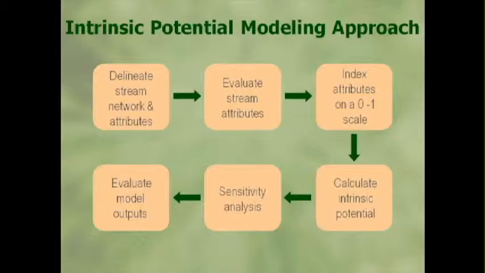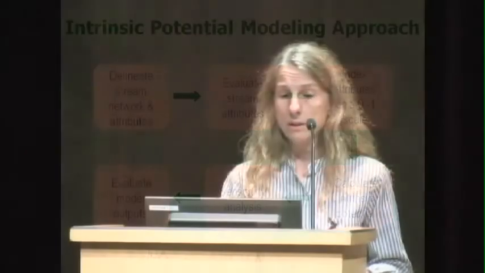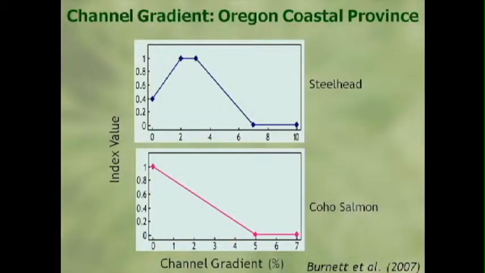I'll talk about this in a little more detail in just a second. And then finally calculating the intrinsic potential from these index scores. Now, in some cases, folks have gone on to evaluate the sensitivity of model outputs to inputs, and then evaluating model outputs relative to real field data to get an idea of the dependability of model outputs.